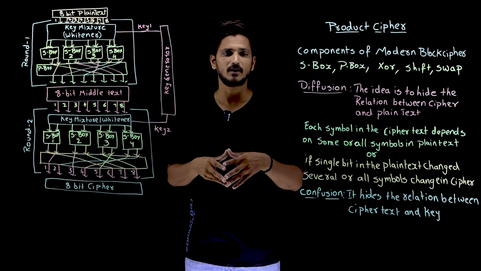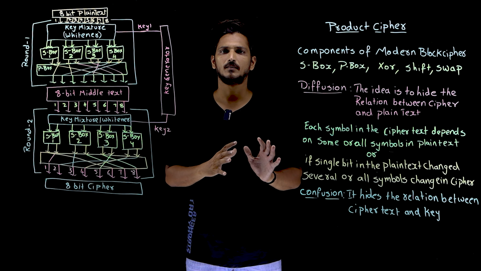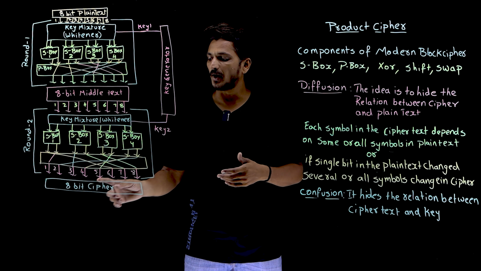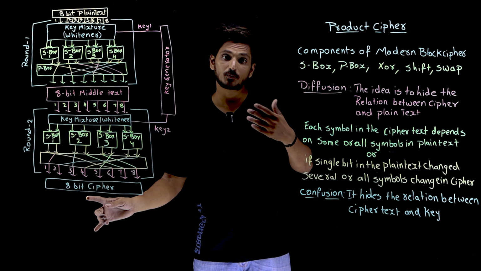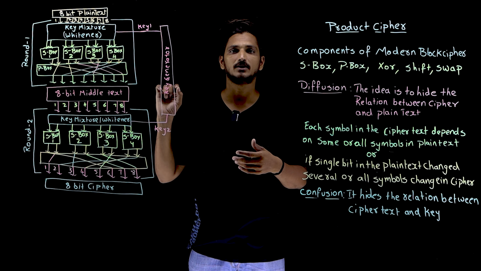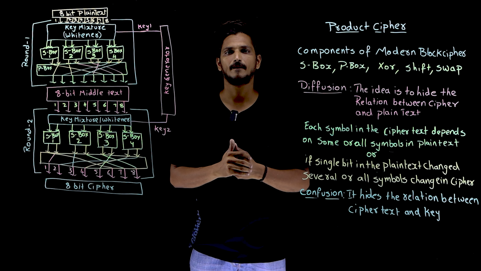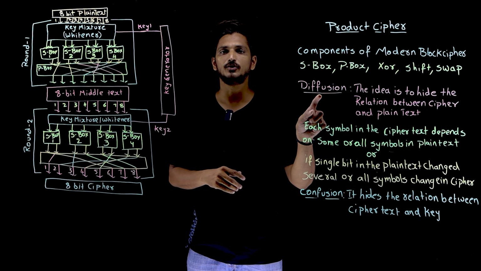If that is provided, both are the same, meaning you are providing so much diffusion. By looking at the cipher text, it is not possible to identify the plain text, which we discussed in our cryptanalysis techniques. This is the concept of diffusion.